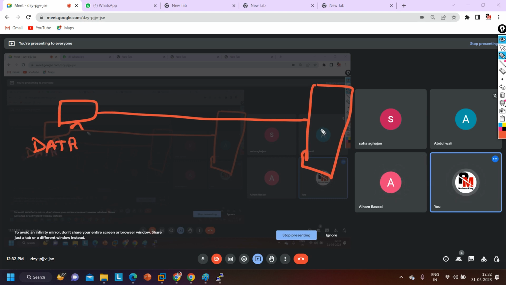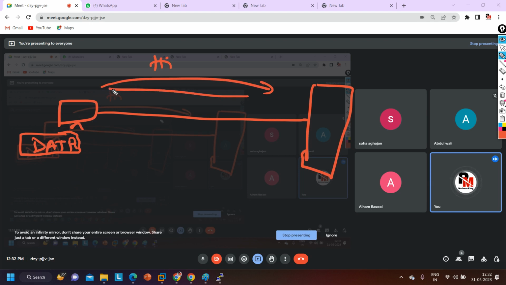But if I talk about TCP, let's say there is one data and this PC needs to send the data to the server, and this service is TCP based. So it is not going to send data directly to the server. First of all, it is going to say hi to the server. Then the server will say hello, and it will also give an acknowledgement that I received your hi.